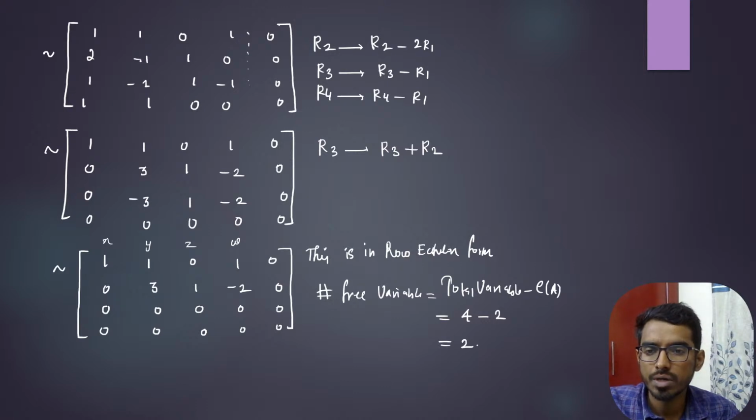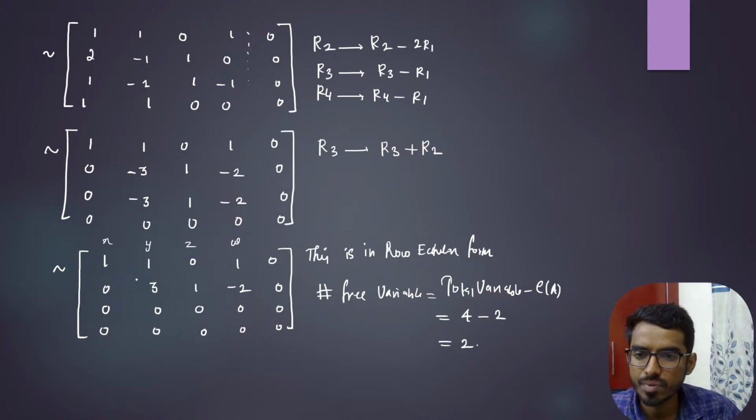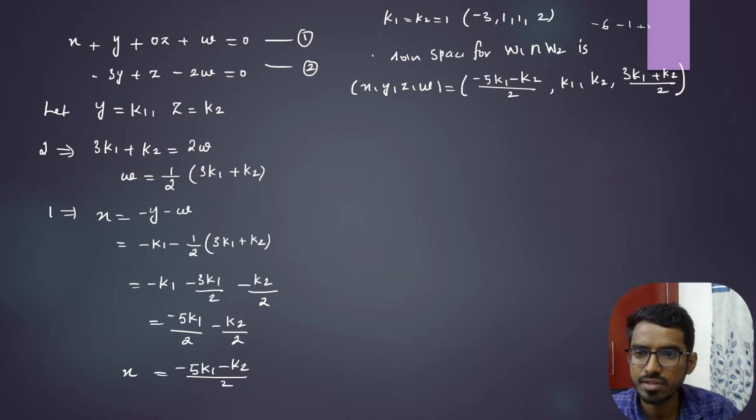R2 minus 2R1, minus 1 minus 3, right? Minus 1 minus 2. Sorry, this is minus 3. I think it is minus 3, right? Sorry, I think I wasted your time. So minus 1 minus 2, this is minus 3. See, this is minus 3 again. I made an entire sum wrong.